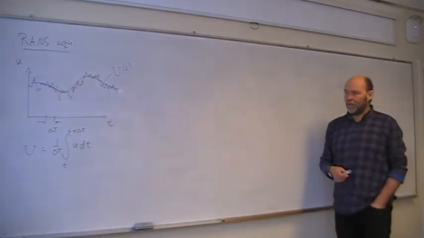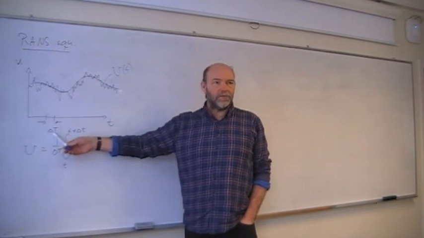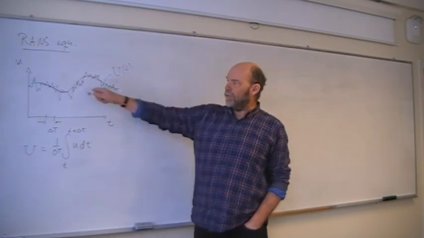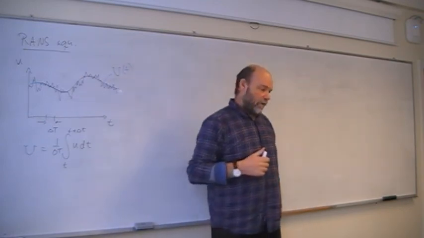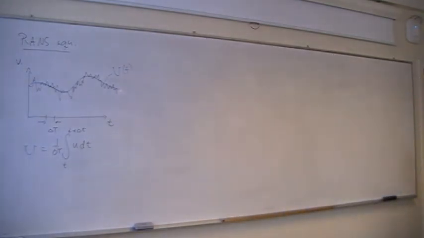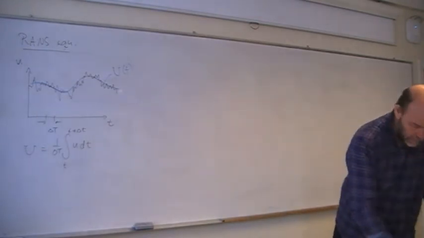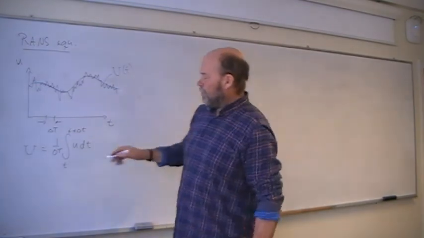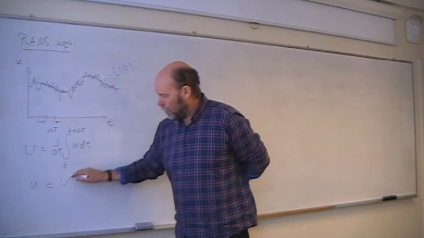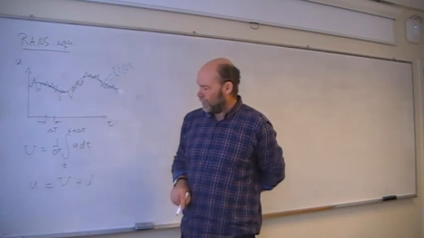Actually, in practice, you never put a number on this delta t in seconds, unless you are in the lab, then okay, you can measure it when you have a real signal. In turbulence modeling, we don't have to use this window for anything. We just assume that it's there, meaning you take the real velocity that you have, and then you split it up into the mean part plus the fluctuating part.